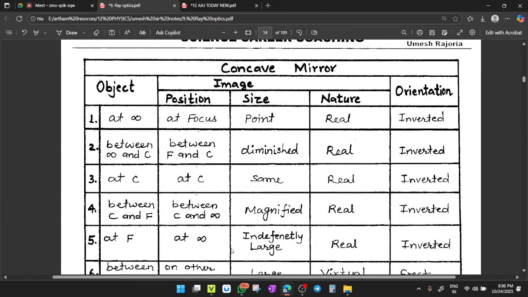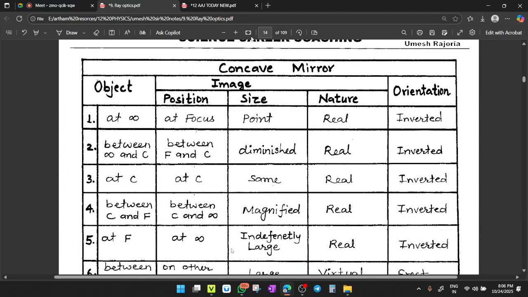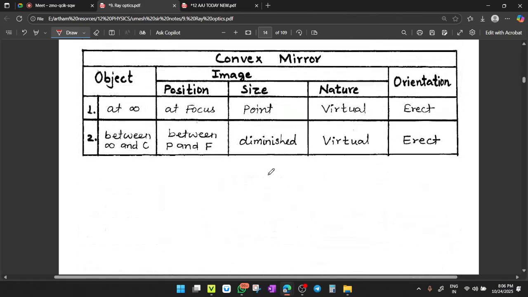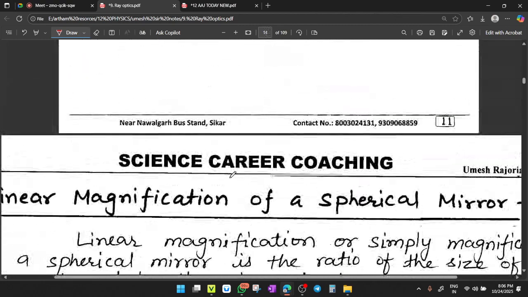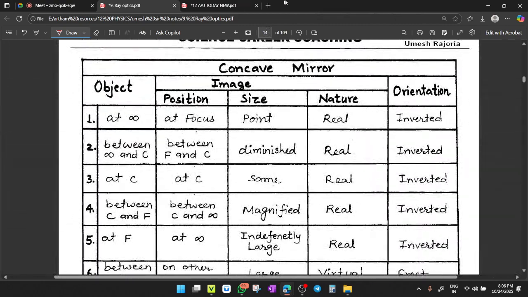In different positions you placed your object and got your image in different situations. So again, you have to make this table and be very confident with all the situations: at infinity, between infinity and C, at C, between C and F, and between F and the pole. Make all the cases. Yes.